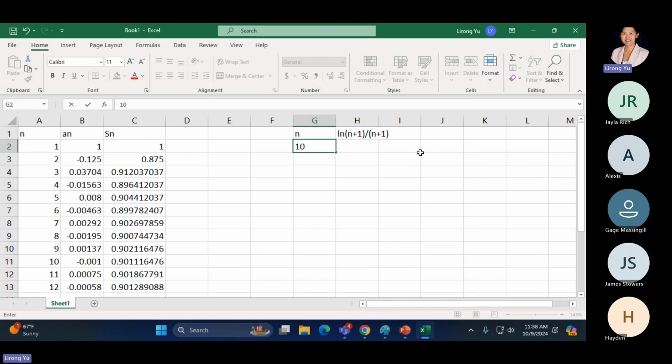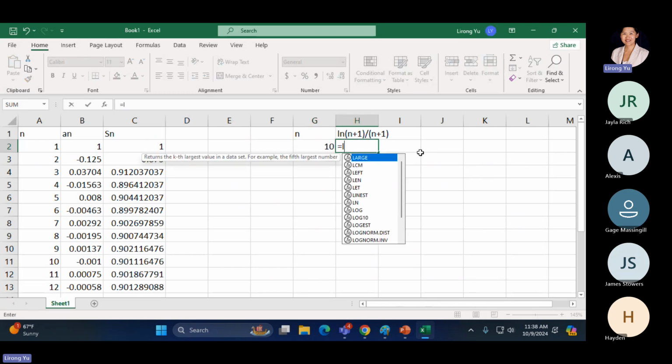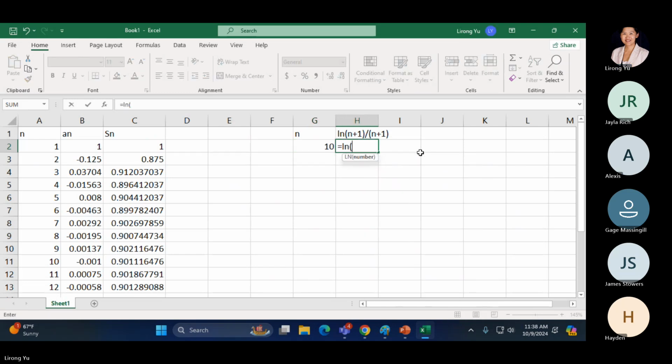We're starting with 10. So we can do natural log of 10 plus 1 divided by n plus 1, 10 plus 1. And we'll see that number is definitely not smaller than 0.001, right?